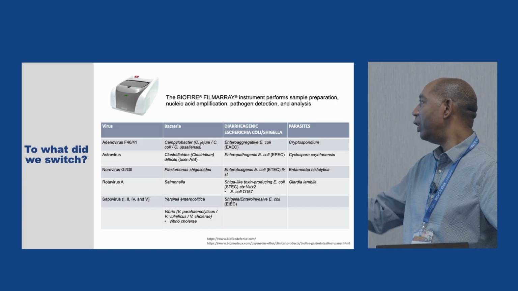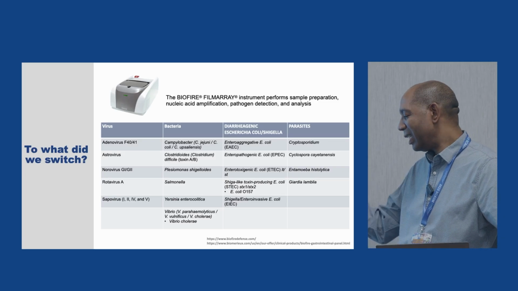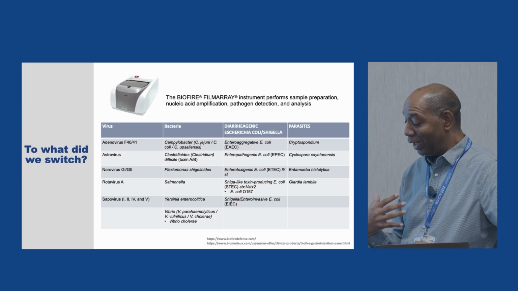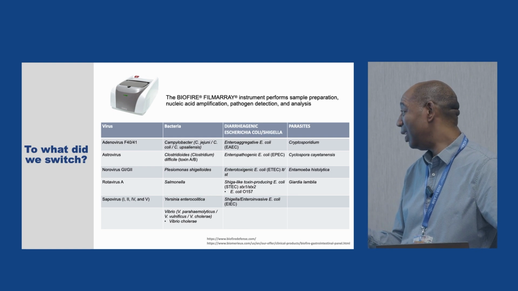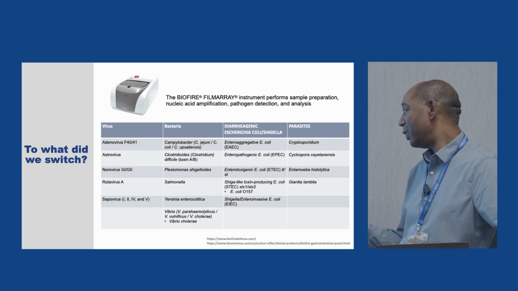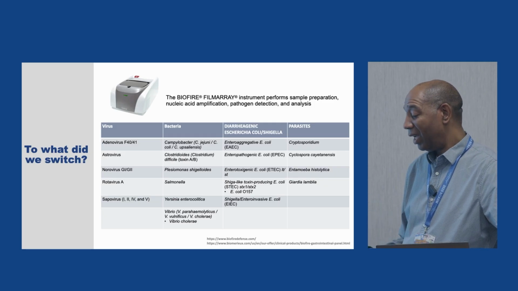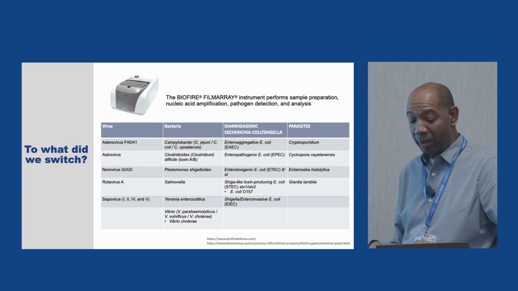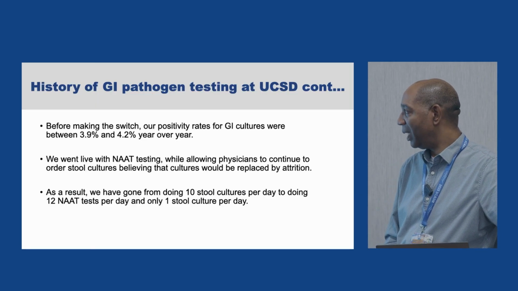And then these parasites, where testing is not comprehensive the way a stool O&P would be, but the results you can get for the targets that you're looking for certainly can be superior to doing stool O&Ps.